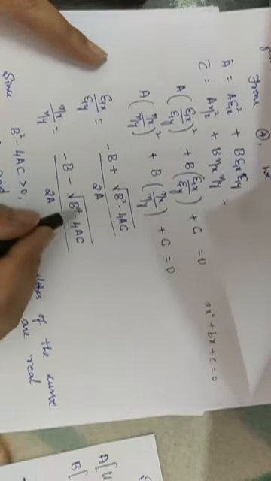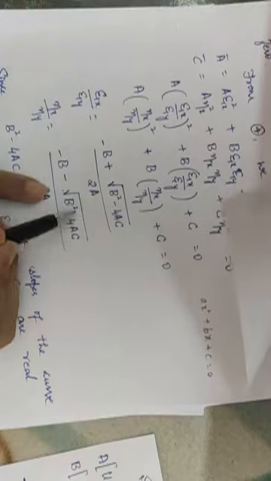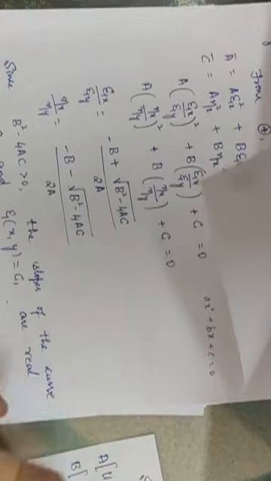So this value is positive. Square root of positive, you will get positive itself, so it will not be imaginary. The slope will be real.